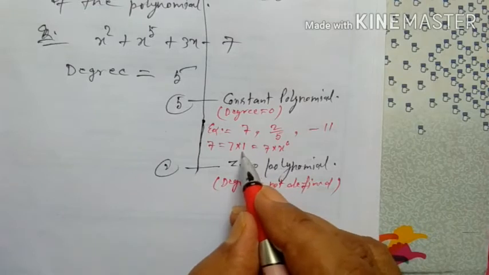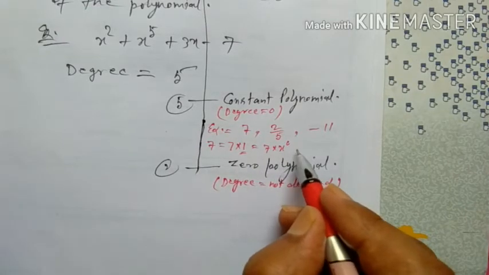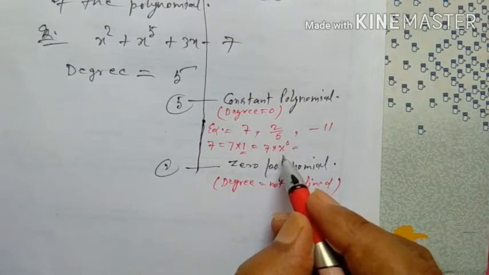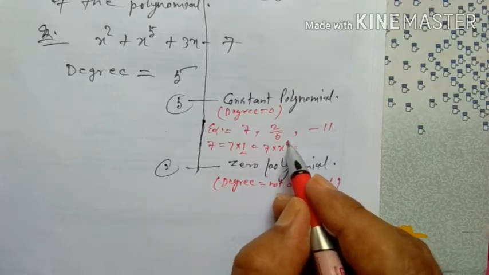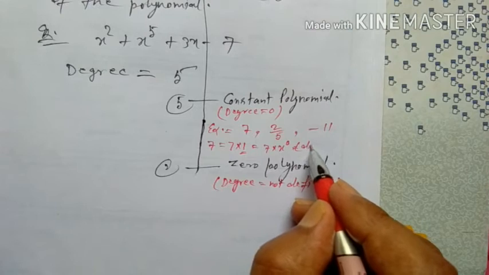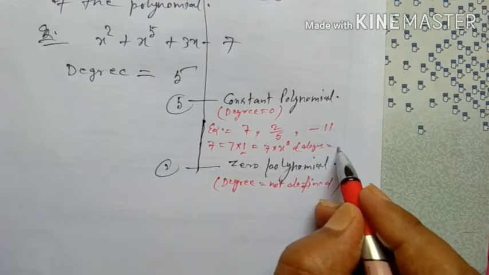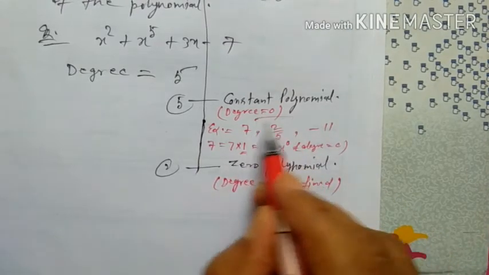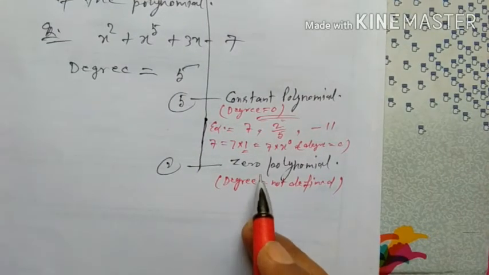X power 0 equal to 1. So 1 can be written as x power 0. Highest power of variable equal to this, so degree equal to 0. The constant polynomial degree is 0.